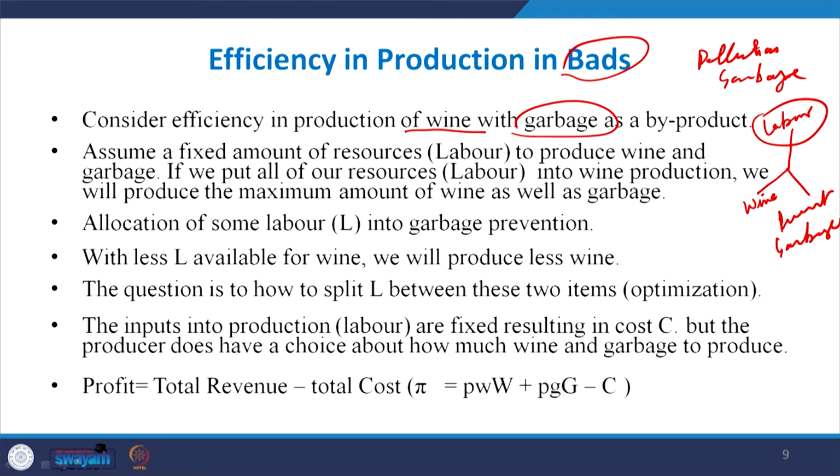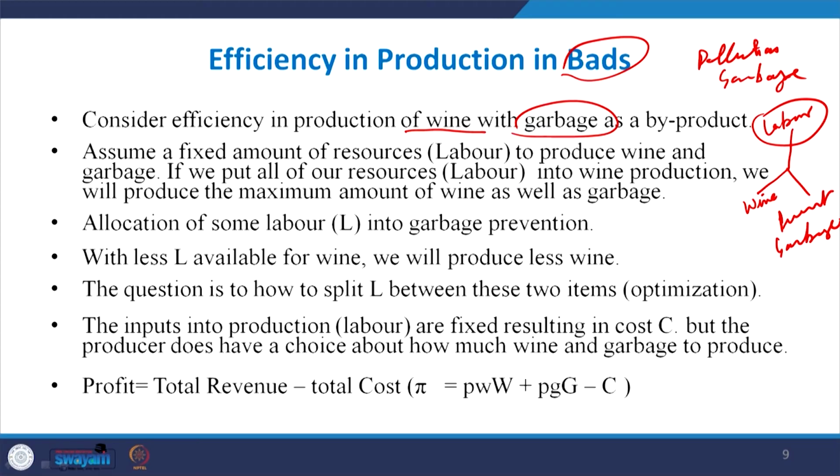So, if garbage is to be prevented, some resources will be diverted from production of wine to the treatment of the waste. Since resources are limited, if more resources are diverted from production of wine towards waste disposal, then fewer resources will be available for production of wine.